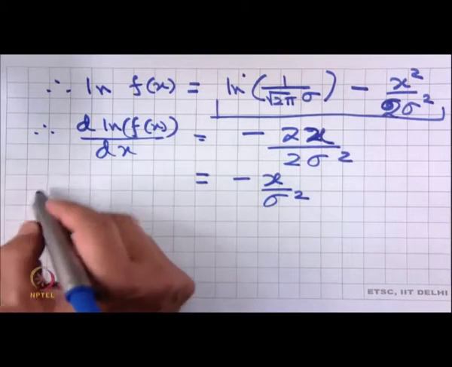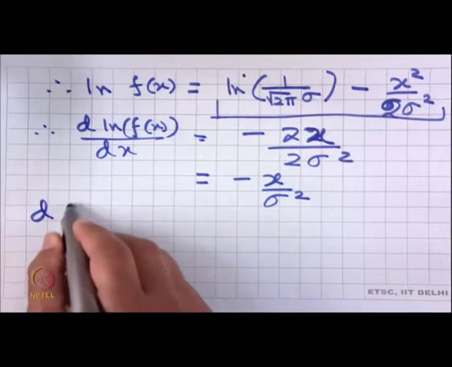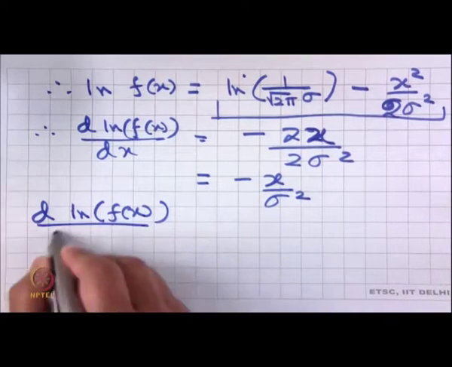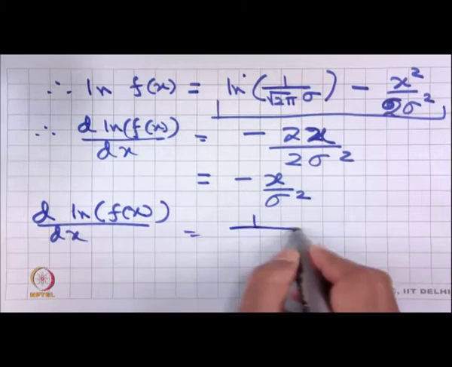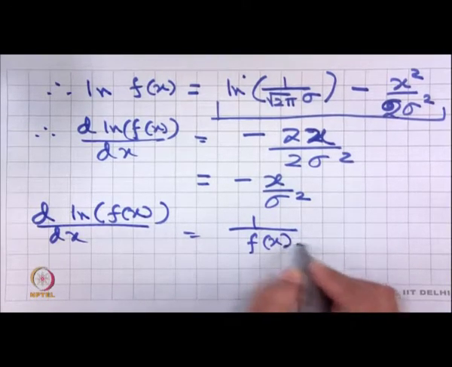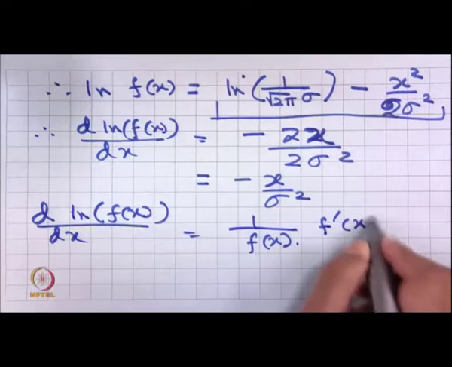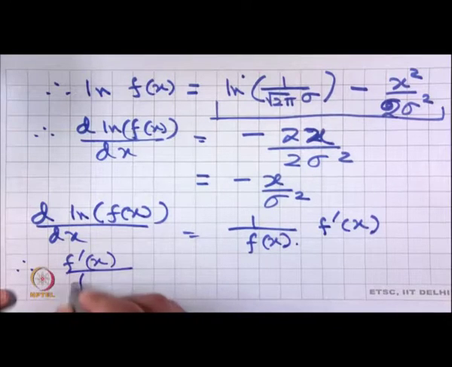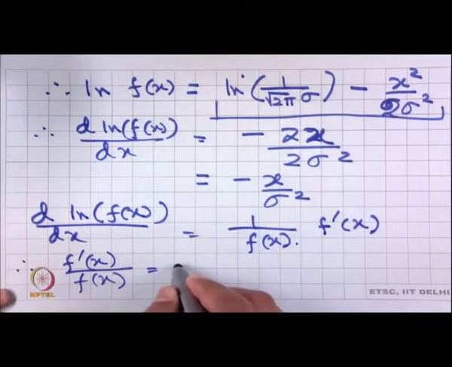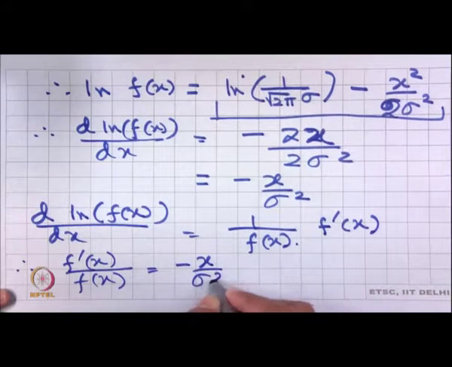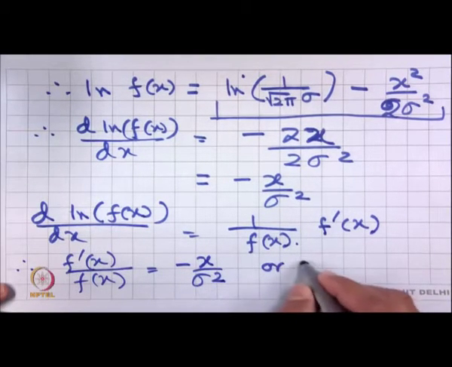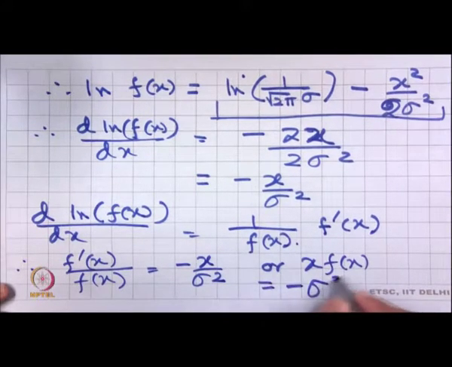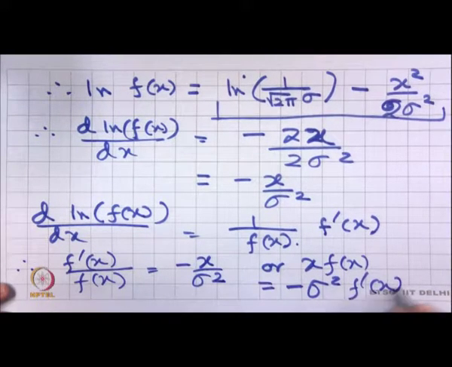Now, on the left hand side we get d log f x dx is equal to 1 over f x into f prime x. Therefore, f prime x upon f x is equal to minus x upon sigma square, or x f x is equal to minus sigma square f prime x.